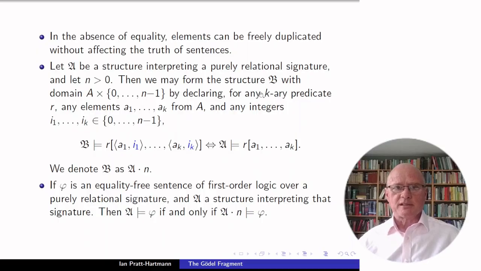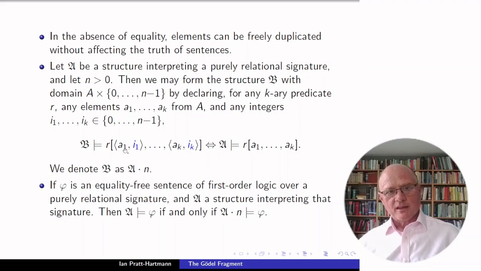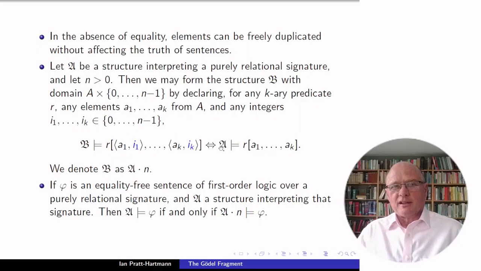And we turn that into a structure by declaring, for any k-ary predicate R and any sequence of elements A1 to Ak from A and any sequence of integers I1 to Ik from the relevant index set, that B makes the tuple (A1, I1), (A2, I2), up to (Ak, Ik) satisfy the predicate R just in case A1 up to Ak satisfies the predicate R in A. In other words, the elements of B are these pairs, and a collection of pairs satisfies some predicate R just in case the first elements of those pairs satisfy R in the structure A. So effectively, these pairs are all copies.